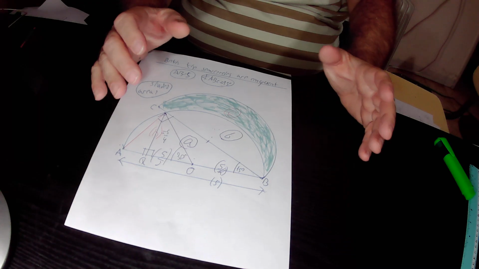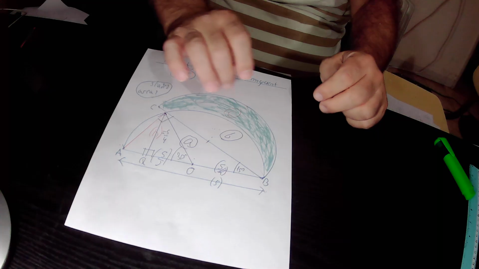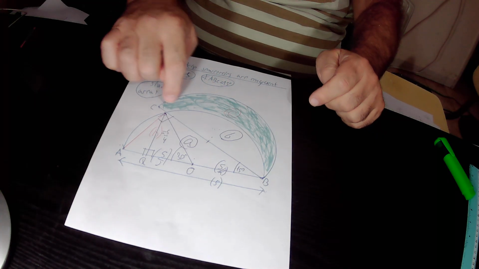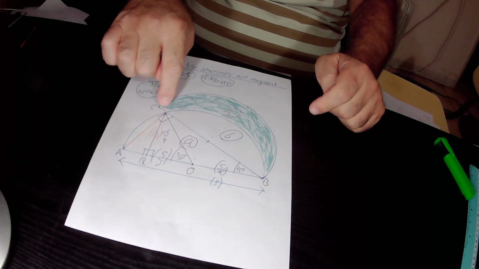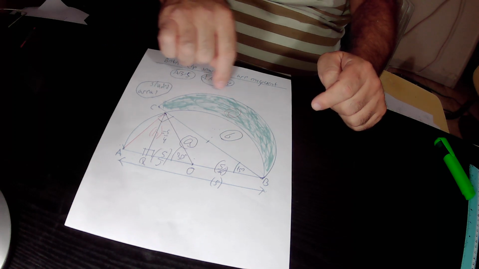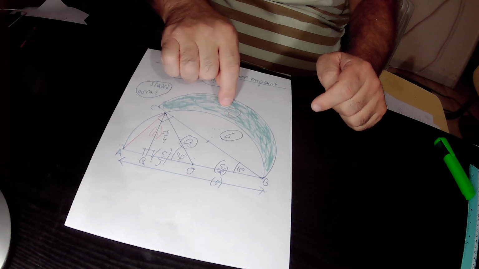So we divided the total area into 3 areas. This is the first area, equal to A square inches. This is the second area, equal to B square inches. And this is the third area, the shaded area that we are looking for in this question, equal to C square inches.